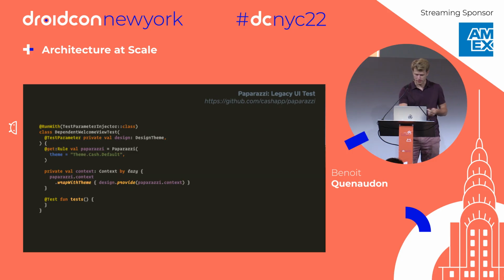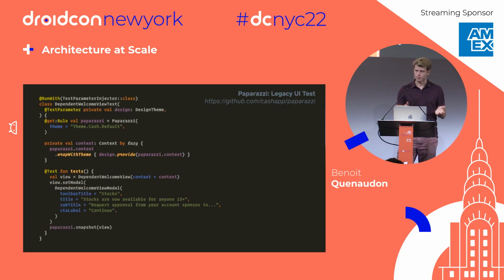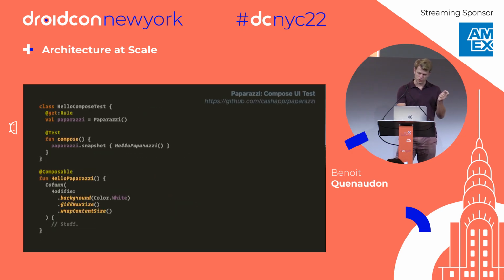So we set up Paparazzi and we use the test parameter injector to do both light and dark mode. We create our view, we pass the model, and we take a snapshot. Paparazzi also supports XML inflation, so if you still have views in XML, you can do it. With the most recent release, Paparazzi supports Compose UI, so all good as well.